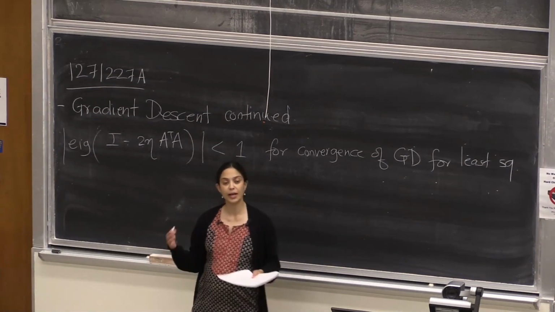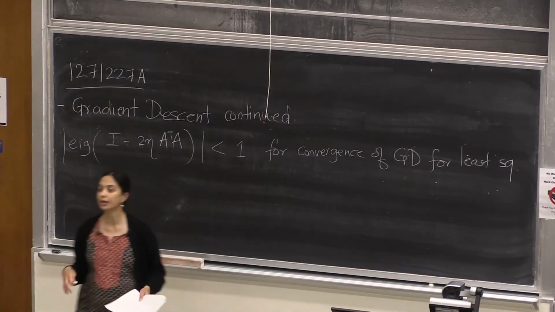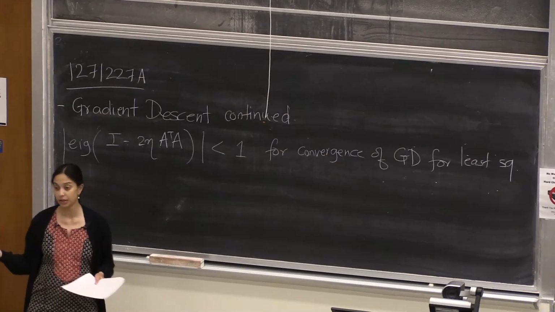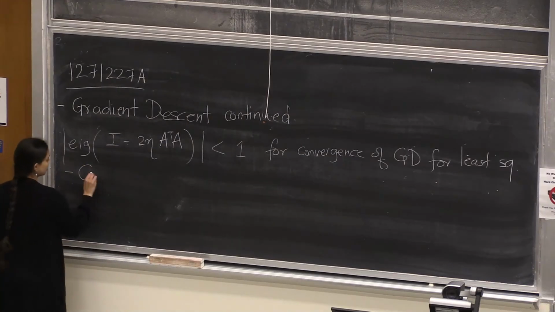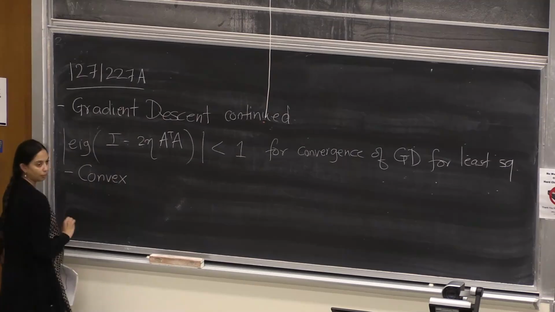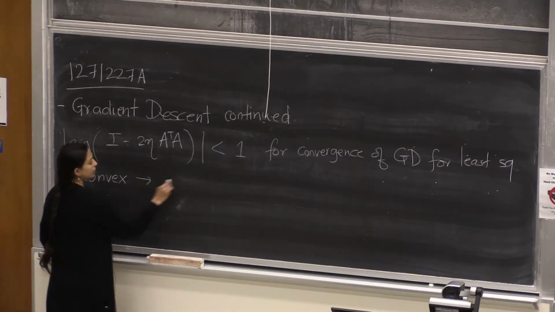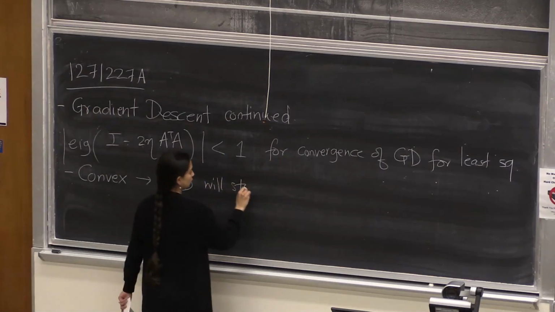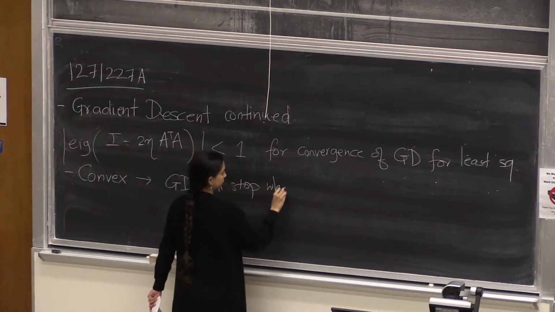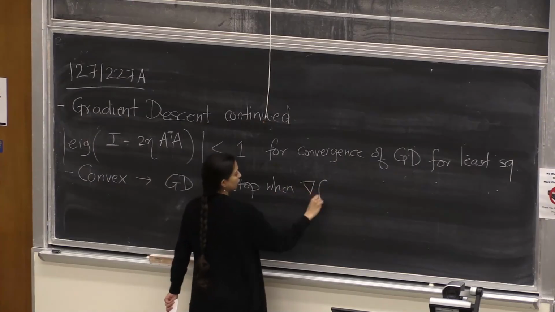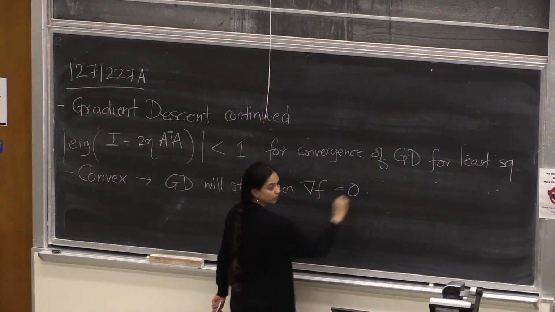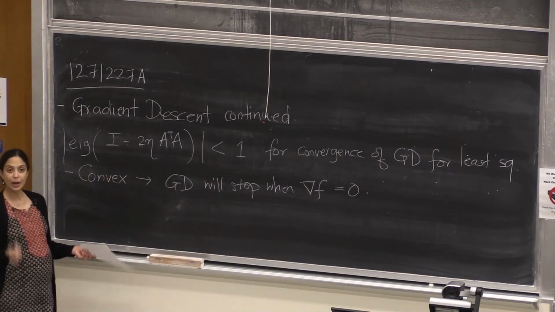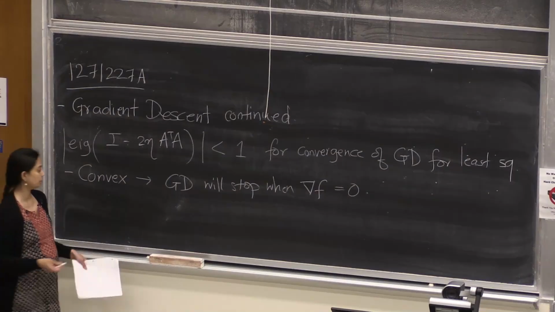In fact, gradient descent is used in the context not just of convex problems, but also for non-convex problems, right? So we know that if our problem is convex, then gradient descent will stop when the gradient of f is equal to 0. And when it stops, you know that this will be a minimum, right?